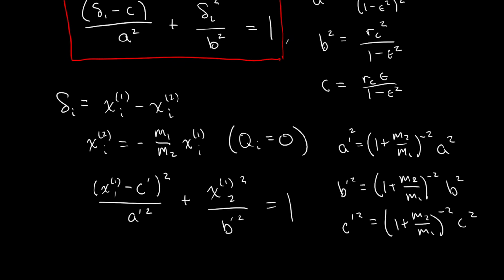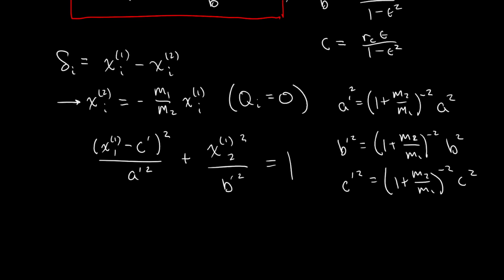And you can, of course, find a similar thing by using this relation here for the second star. So you see that now we have concrete proof that the stars are orbiting in ellipses.